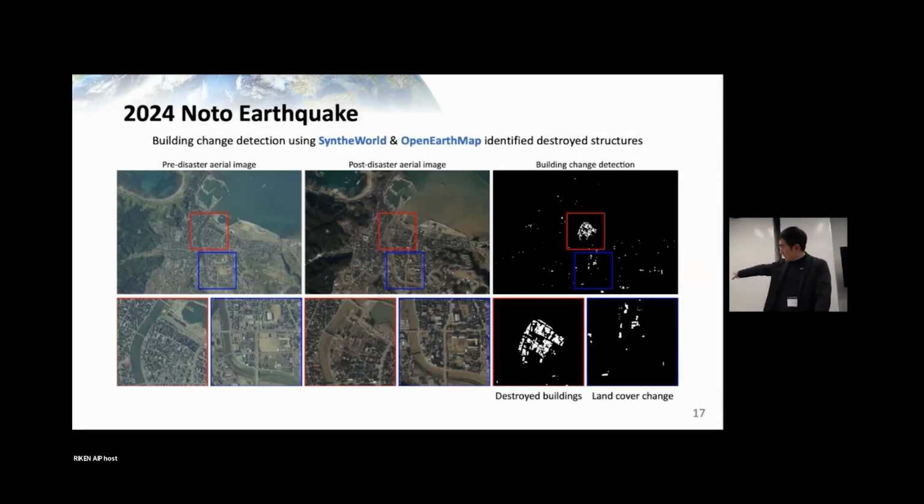And you can see that the bottom images are zoomed in images. So our model could robustly identify the destroyed buildings as well as land cover changes with fewer false positives compared to the existing models or just the post-classification comparison.